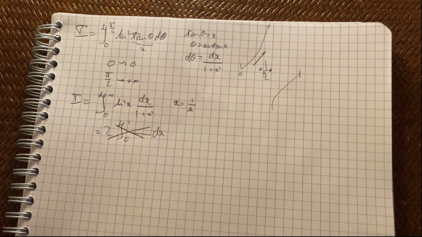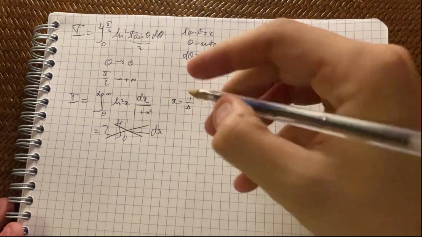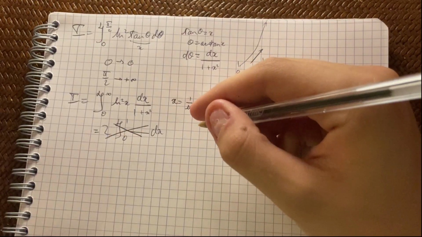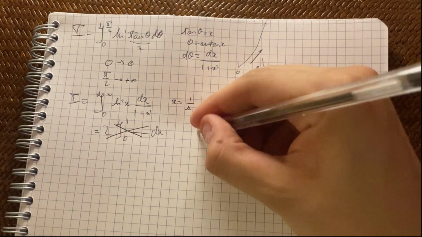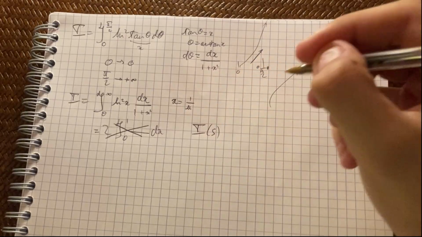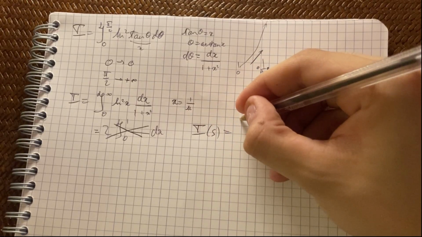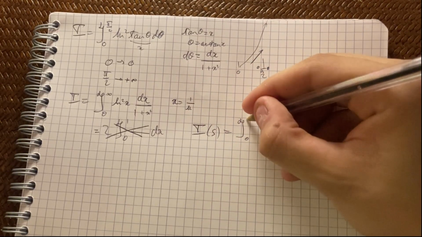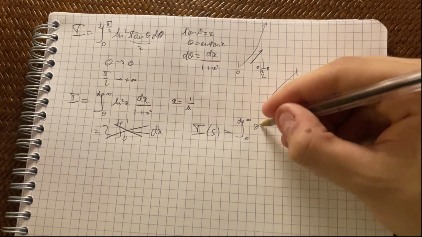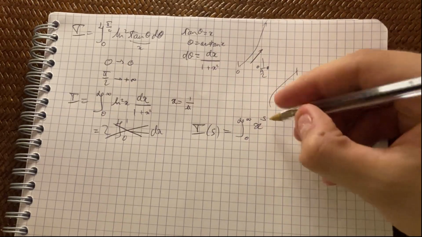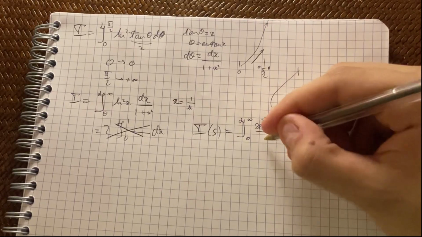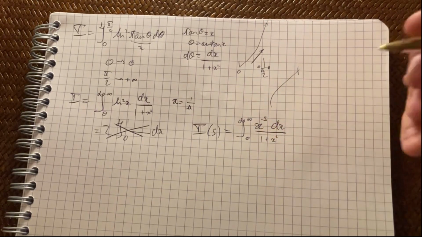So what we can do is just try to use the Leibniz rule here, creating a function like, I lack imagination, so let's say I of s being the integral from 0 to infinity of x to the s power dx by 1 plus x squared.